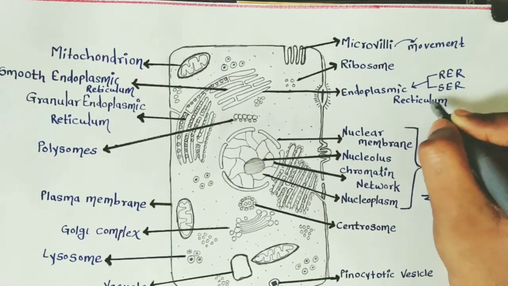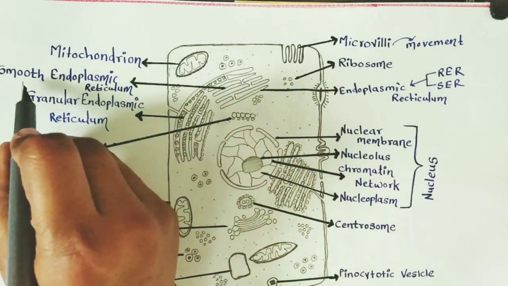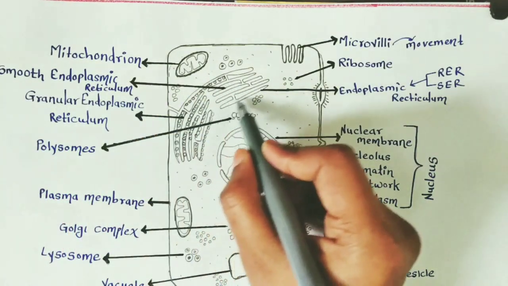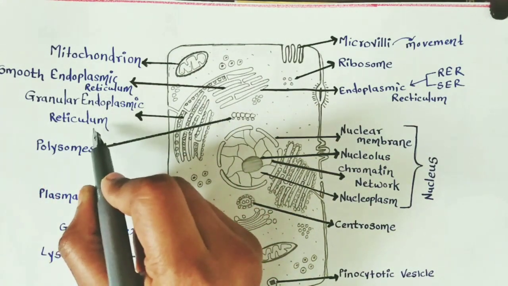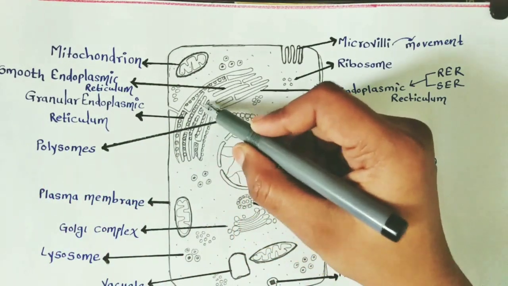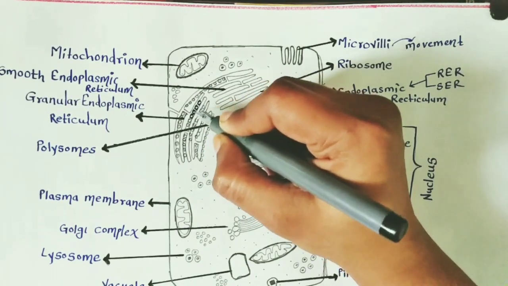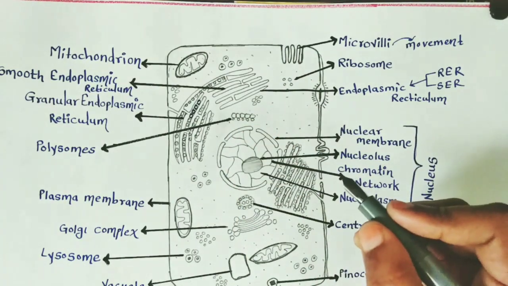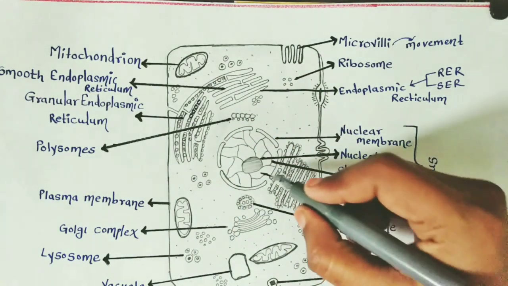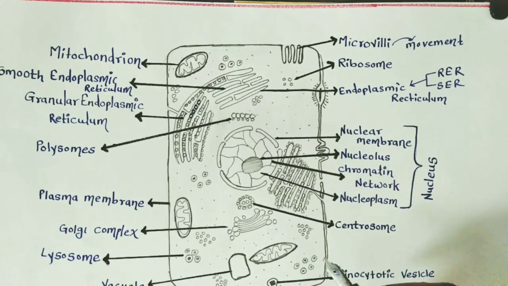The SER plays an important role in detoxification in the liver. In this diagram there is no ribosome, and here there is the presence of ribosomes, so this endoplasmic reticulum is called the rough ER. The endoplasmic reticulum is usually a continuous system connected at one end with the nuclear membrane and at the other end with the plasma membrane.